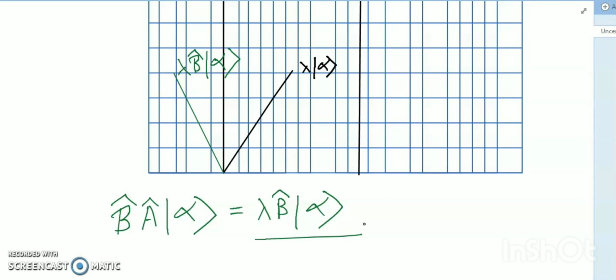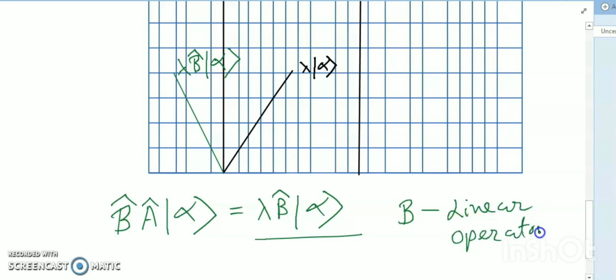Acting B first, it takes alpha to some direction, since B is a linear operator.